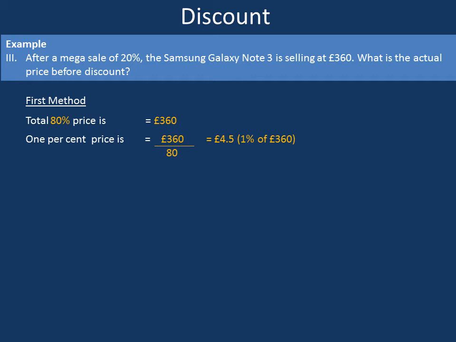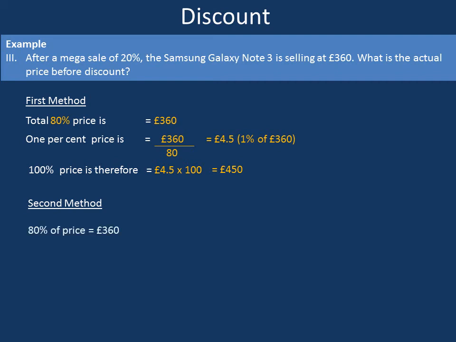Now you can multiply it with any other number to find other percentages: 10% is multiplied by 10, 20% by 20. But now we need 100% to find out the initial price, and that's £4.50 times 100, which will give us £450. That is our whole amount before the reduction of 20%.